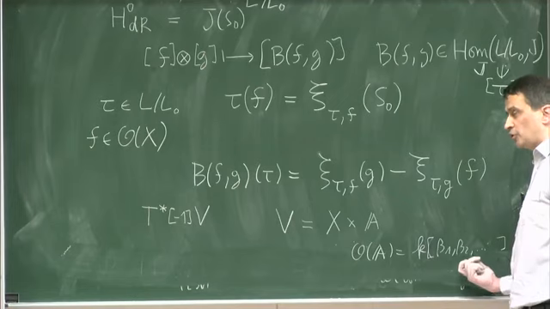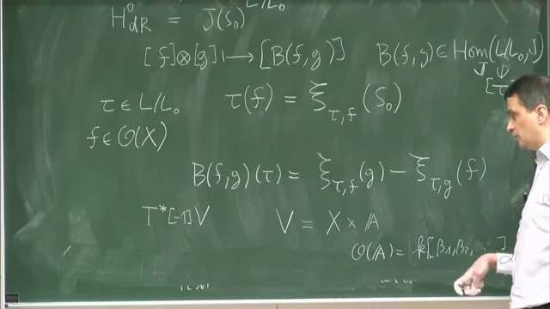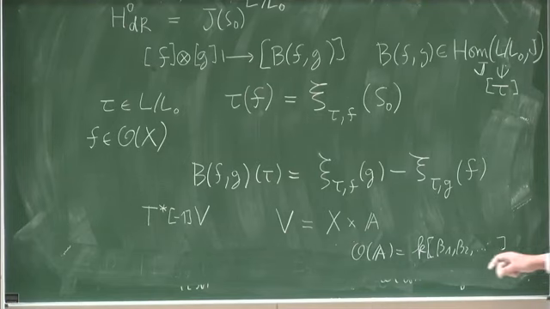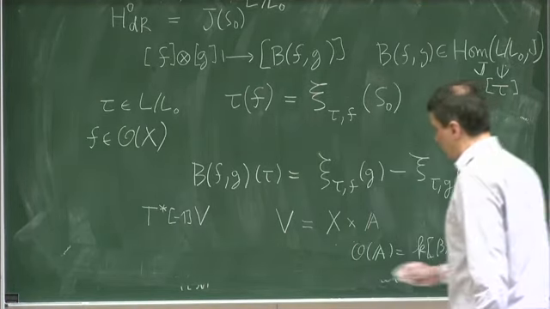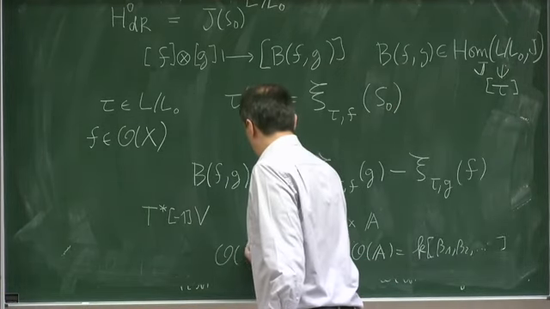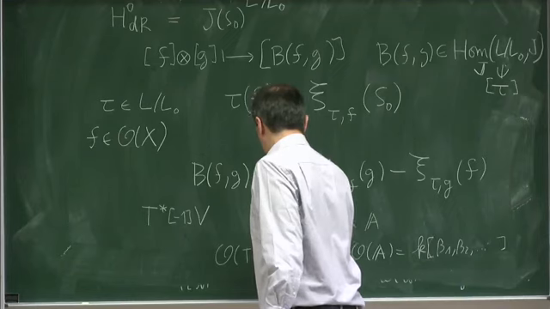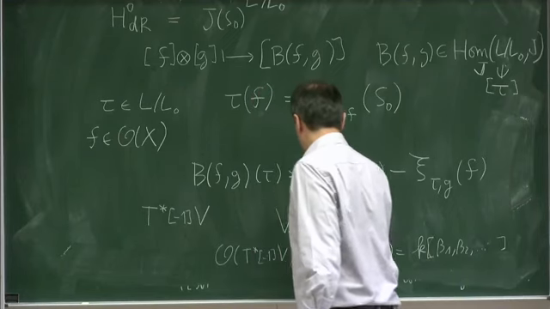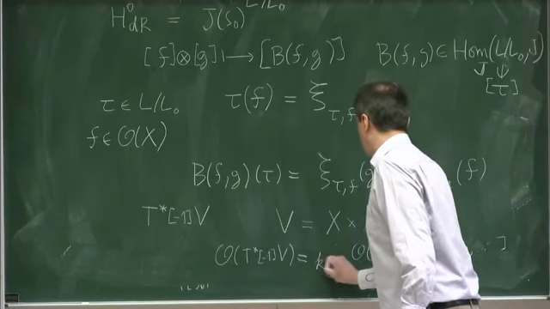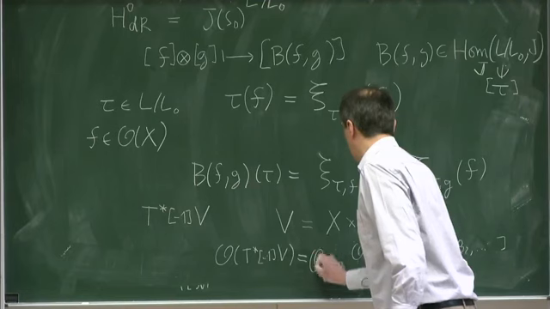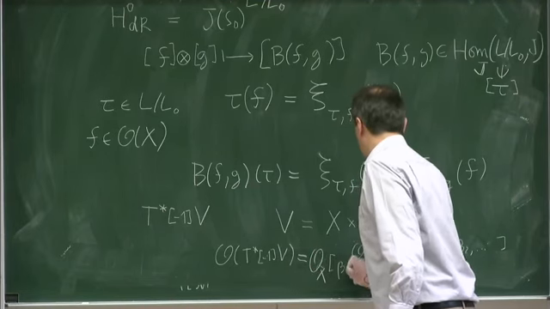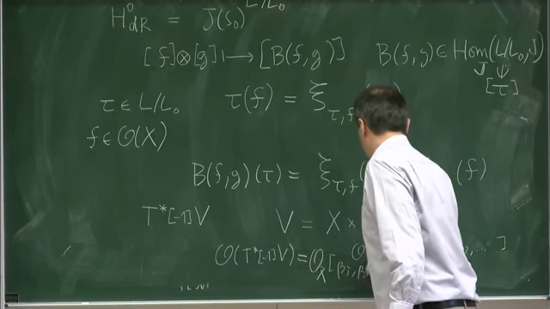So the way you construct it is by taking the dual story. So the functions on the cotangent bundle will also have the dual variables b_i. So maybe it will be O_X times b_i star.